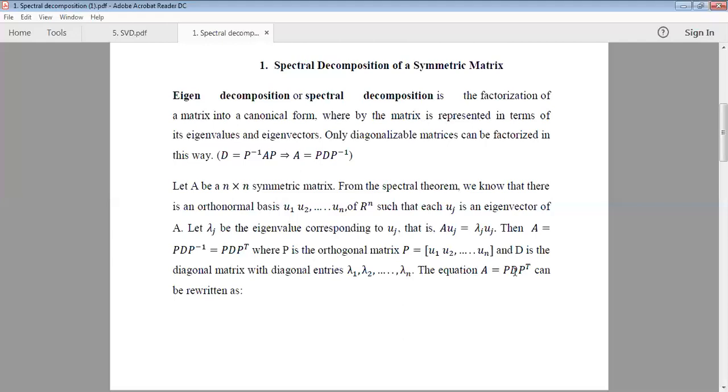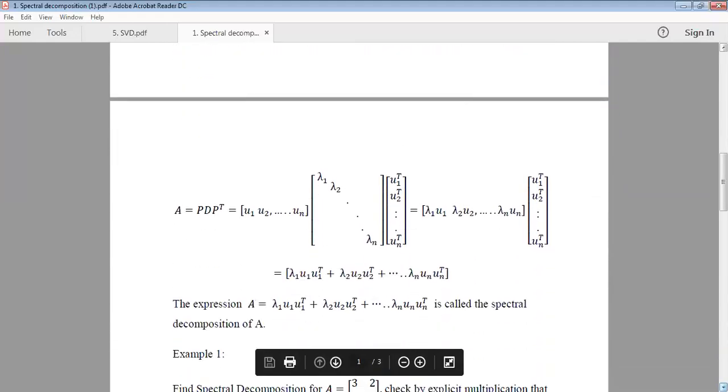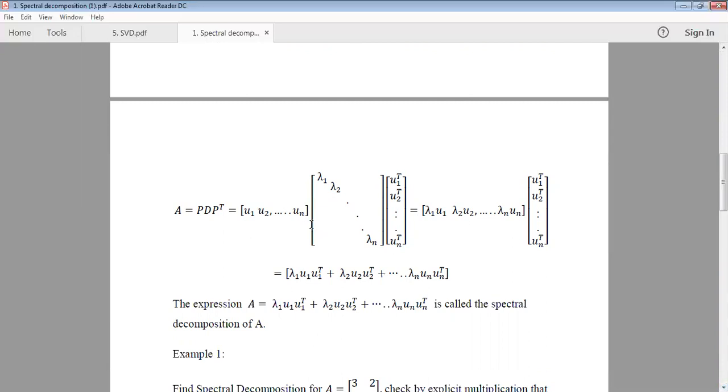The equation A equals PDP transpose can be rewritten as follows. P is [u1, u2, and so on un], D is the diagonal matrix with diagonal entries lambda 1, lambda 2, and so on lambda n, and P transpose has rows u1 transpose, u2 transpose, and so on un transpose.